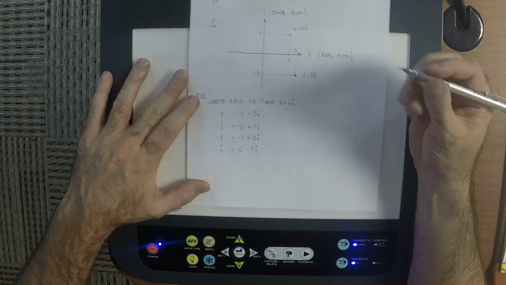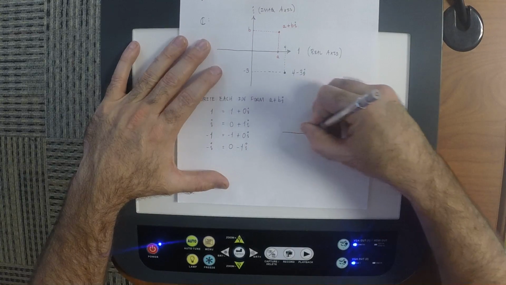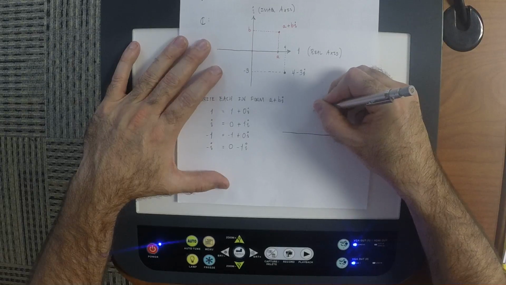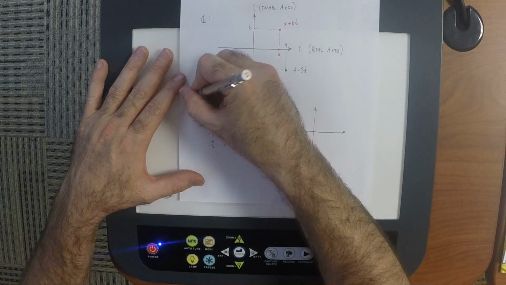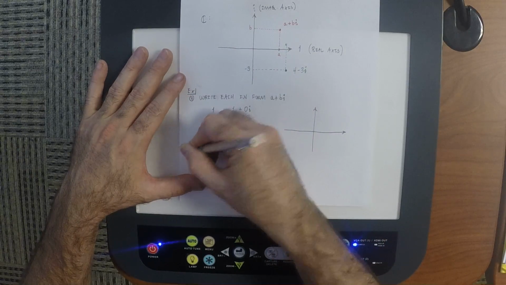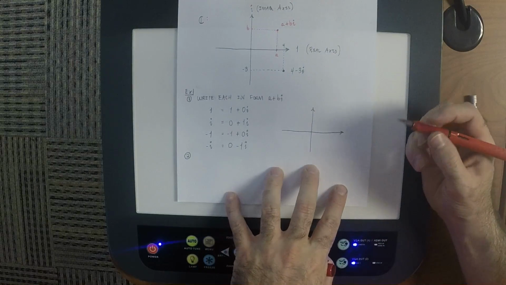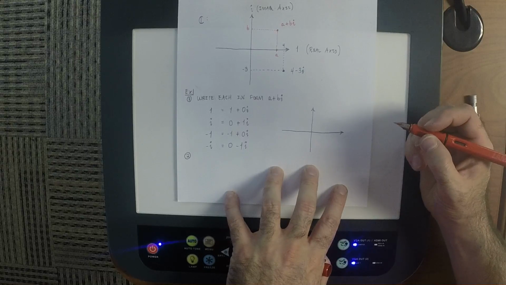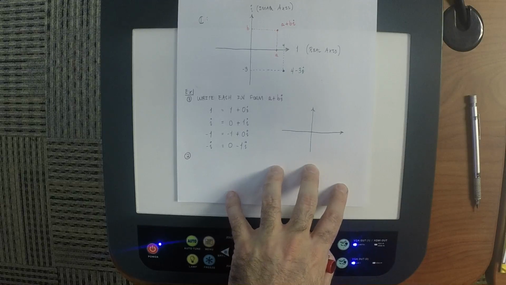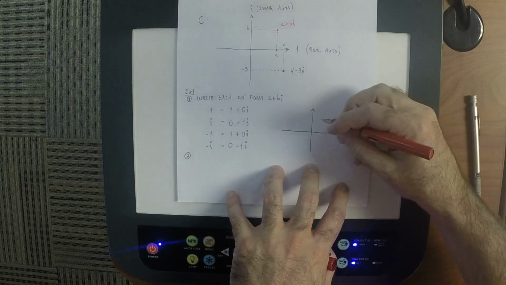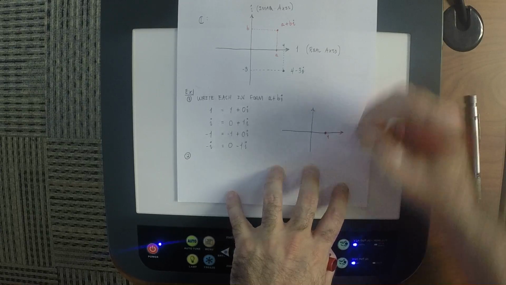So now what I want you to do is take all of those 4 numbers, and I want you to plot them on the complex axis. So where does 1 go? It's not in a quadrant, really. It's on an axis, right? So it's right here-ish. So that's 1.